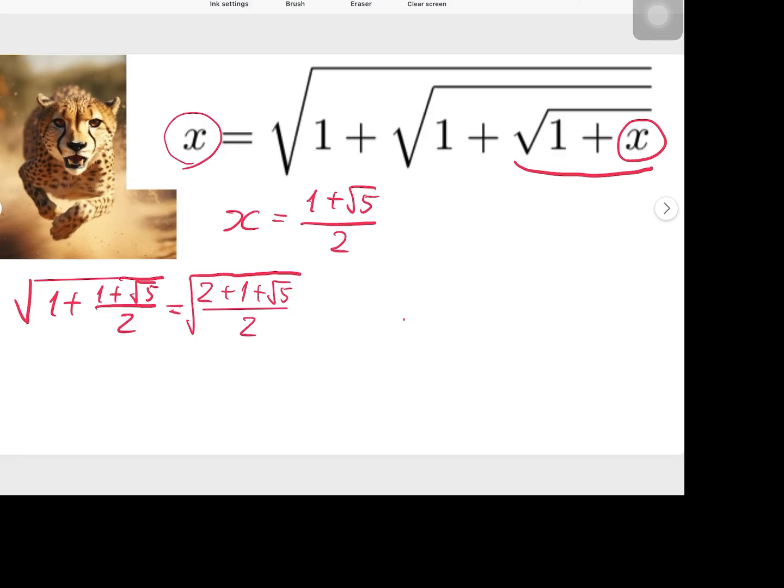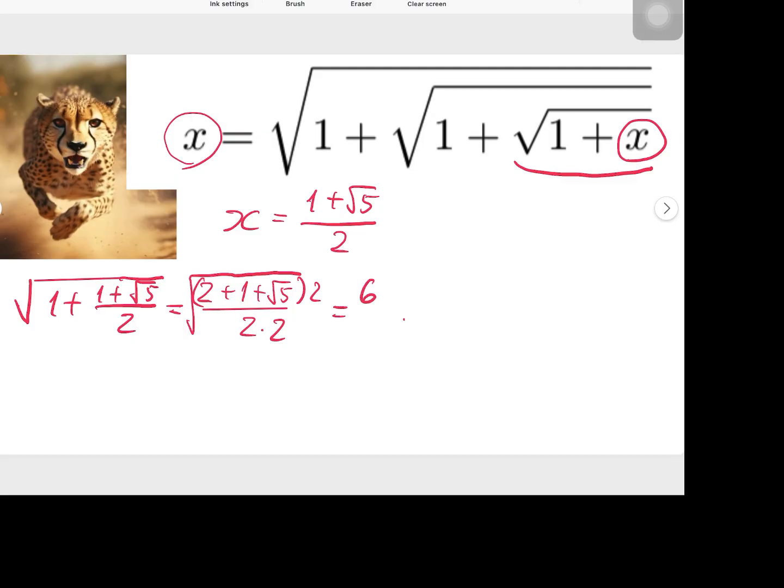So it will be 3, and then we need to construct a complete square. In order to calculate the square root, we need to construct a completed square. So what to do? For that we multiply both sides by 2, and what do we have?